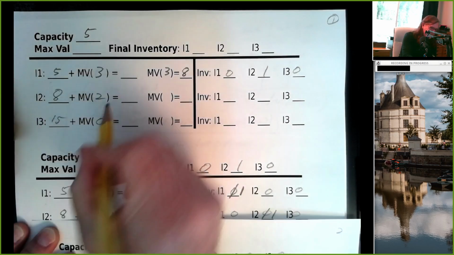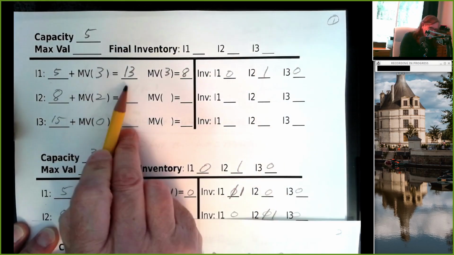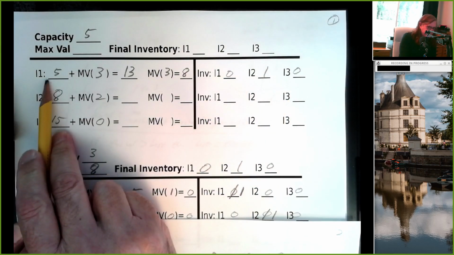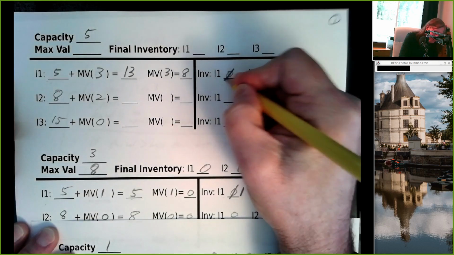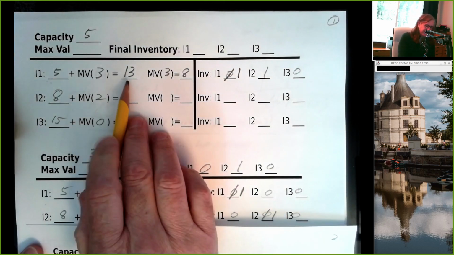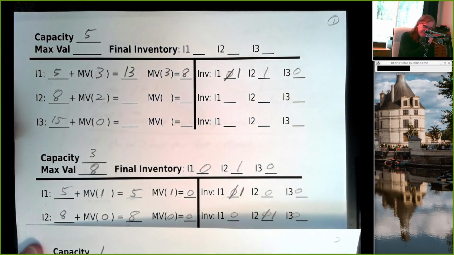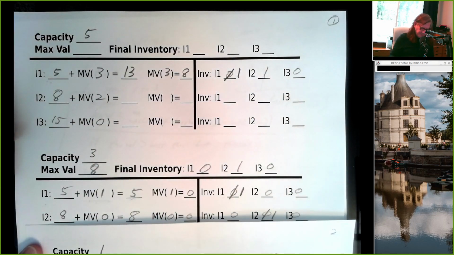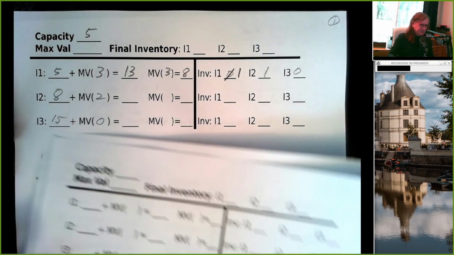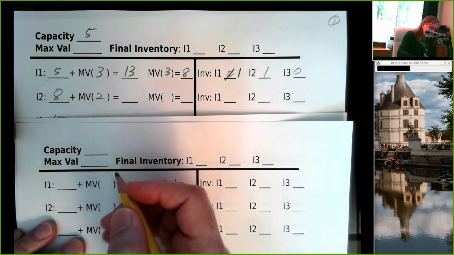And so 8 plus 5 is 13, and to get this 13, we take that inventory that got us maxval of 3, and we bump up the count for item 1. So there's the inventory of items that get us a maxval of 13. One of item 1, one of item 2. And I think we can make quick work of this last case. We need to find maxval of 2.